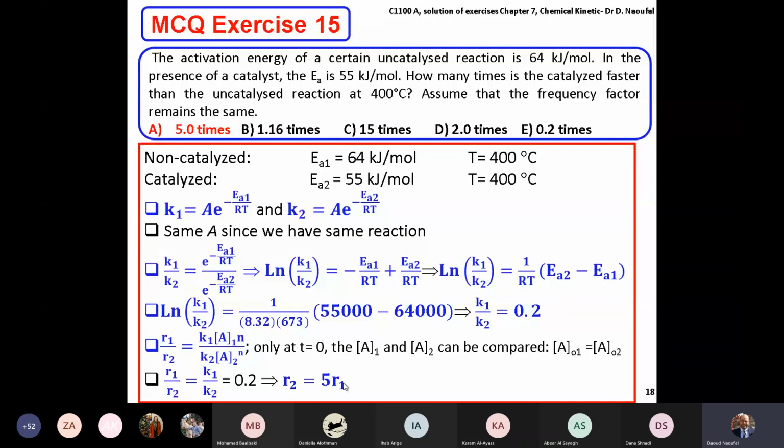But practically, when the two reactions start, it's not easy to master the concentration of A and B during these two reactions. So at T equals 0, the catalyzed reaction is 5 times faster than the non-catalyzed. The correct answer is A.